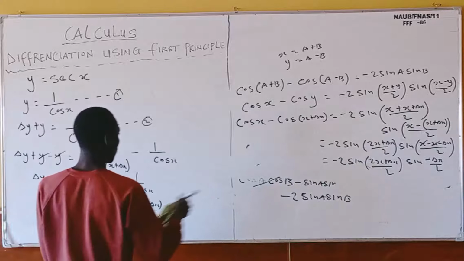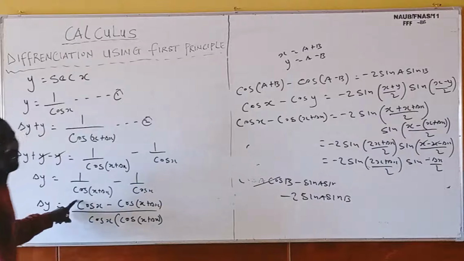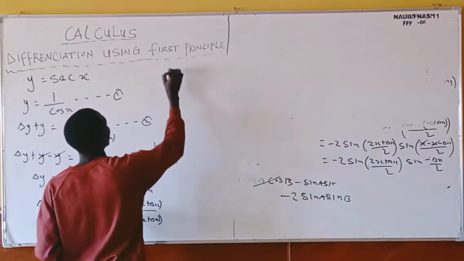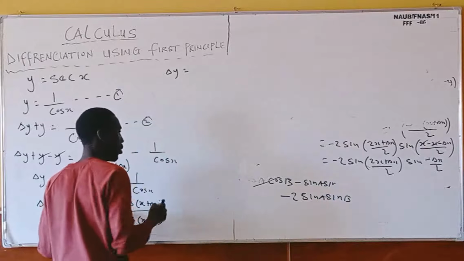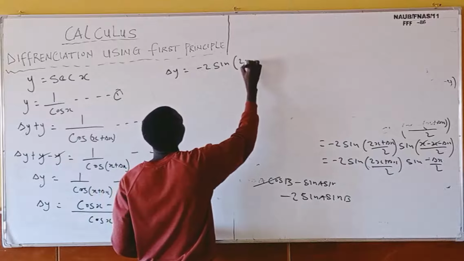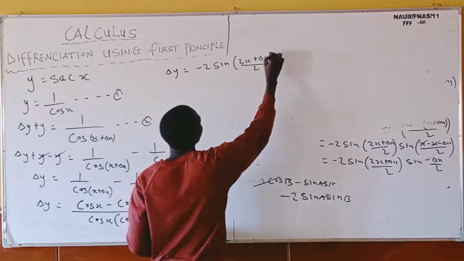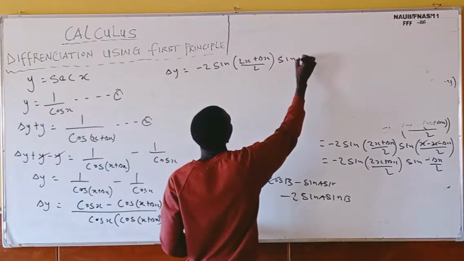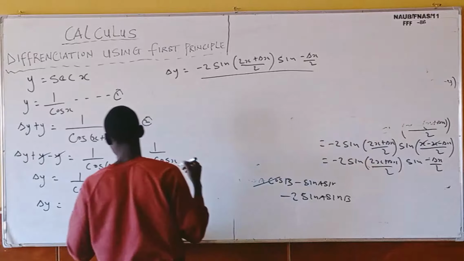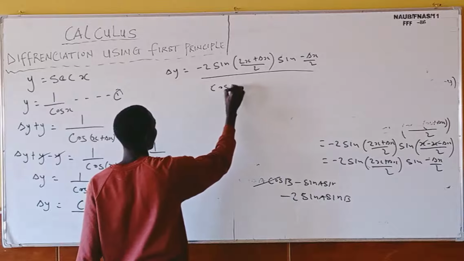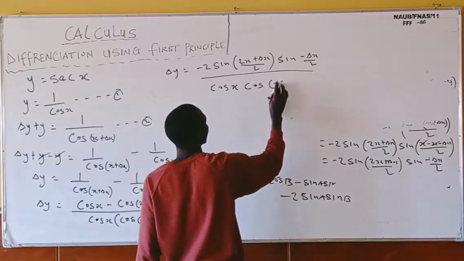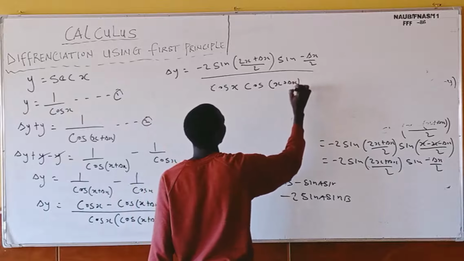So we come back here. We are going to substitute this here. You get that? So I took my time to explain this. Change in y will be equal to minus 2 sine of (2s plus change in s) all over 2, sine of (minus change in s) all over 2, all over cos s cos(s plus change in s).